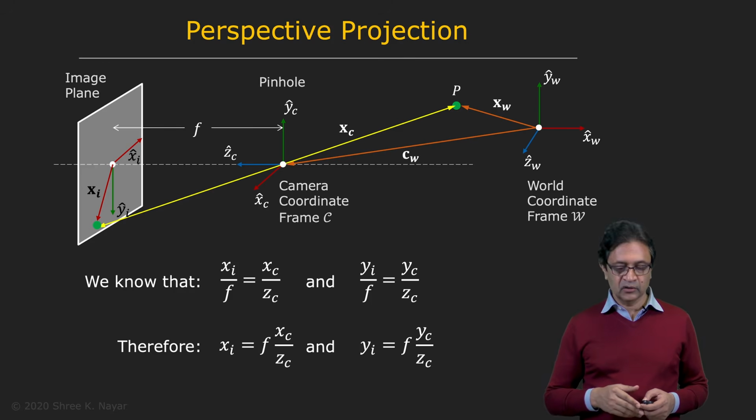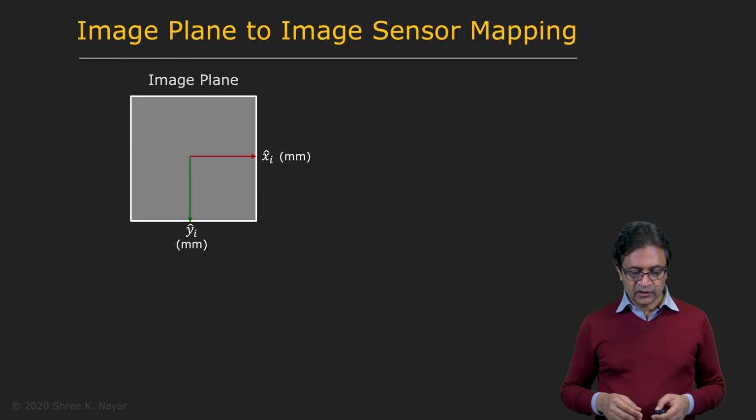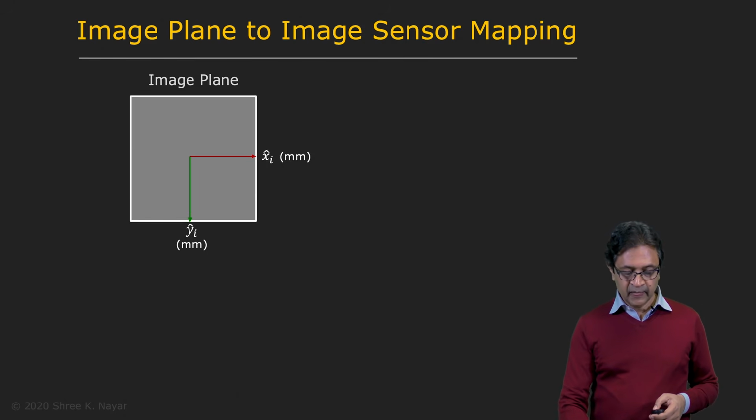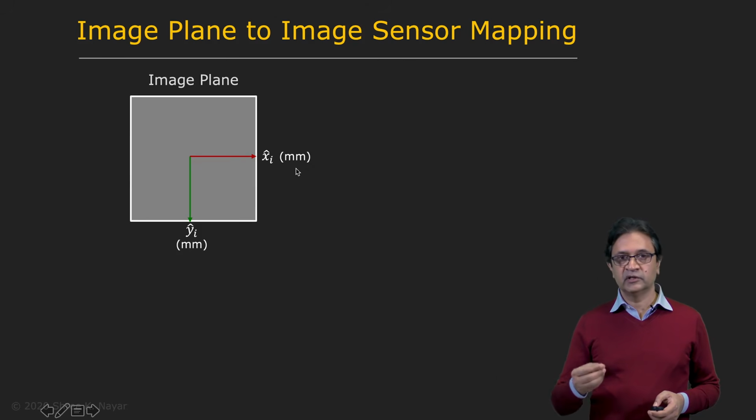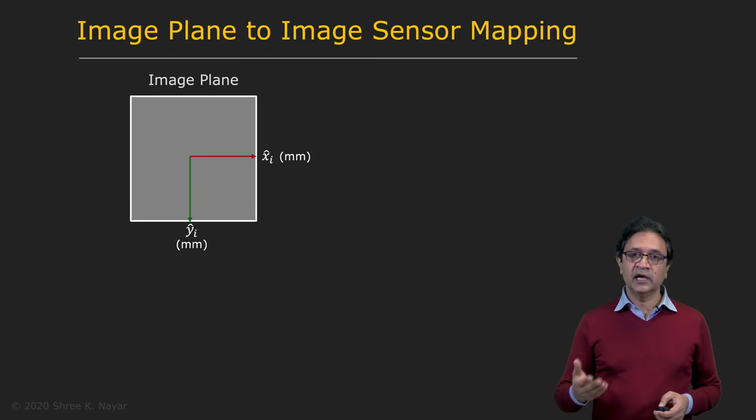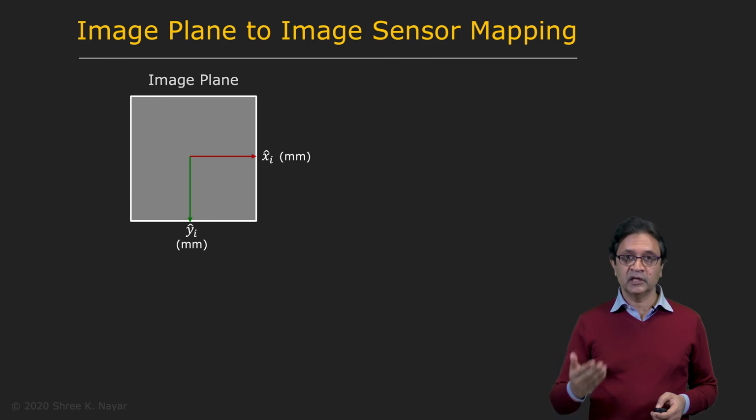So now let's take a closer look at the image plane. So this is your image plane right here. And the fact is that we have assumed that we know the coordinates now in terms of millimeters. That is the same units that the point P is defined in the camera coordinate frame. But in reality, what we have is an image sensor, which is used to capture the image.